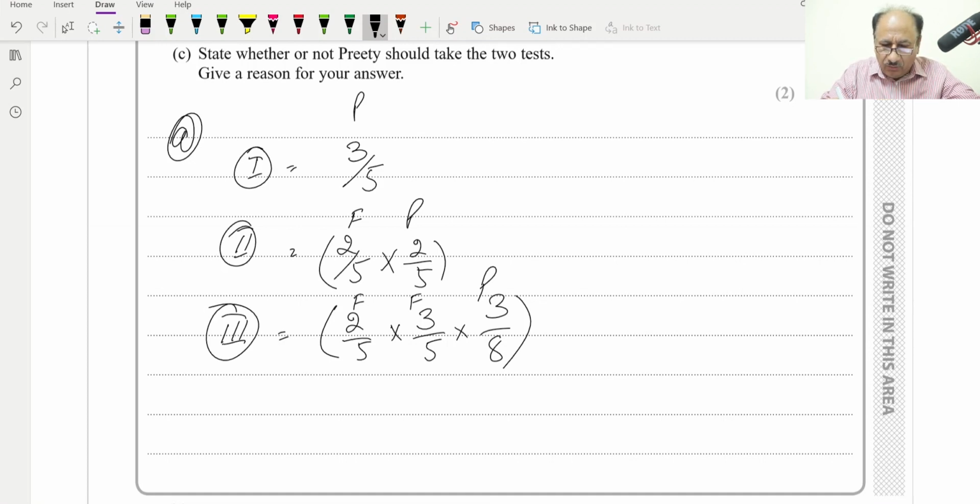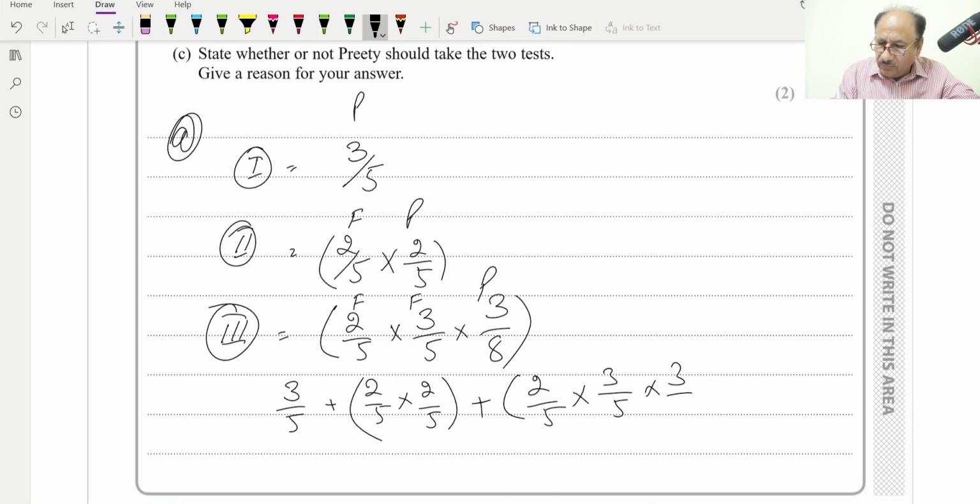So we will add all these probabilities. So 3 by 5 plus 2 by 5 into 2 by 5, and the third one will be 2 by 5 into 3 by 5 into 3 by 8.